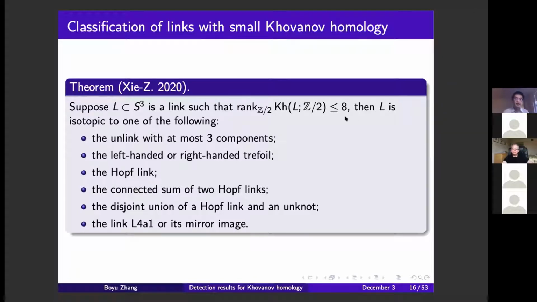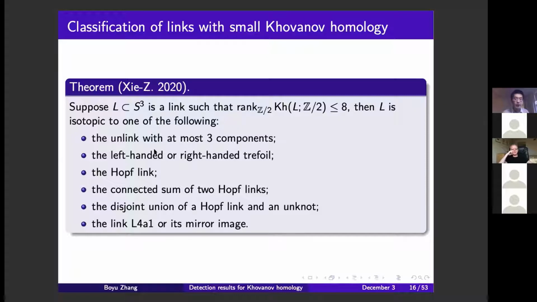In fact, we also studied the classification of links whose Khovanov homology has an upper bound. And in this case, we proved that if we have a link, or here a link can be either a link with 1 component, which is just a knot, or a link with at least 2 components, and if we assume that this link has Khovanov homology of rank less than or equal to 8, then we obtained a complete classification of all such links based on earlier works of Baldwin and Sivek and Baldwin-Sivek.